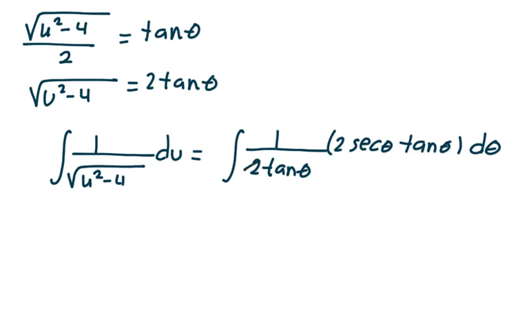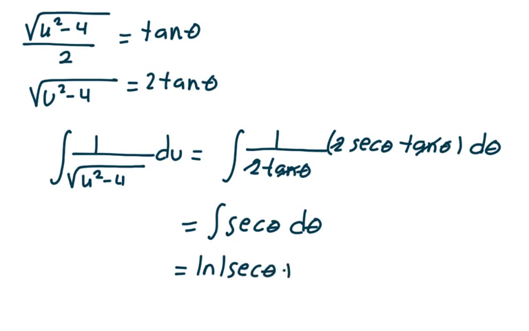And notice how the 2's cancel, right? The tangent thetas cancel. And what we get is the integral of secant theta d theta, which is natural log of the absolute value of secant theta plus tangent theta plus some constant c.